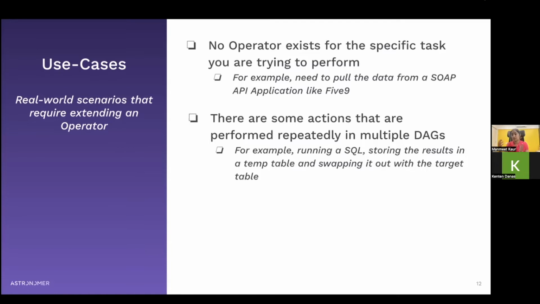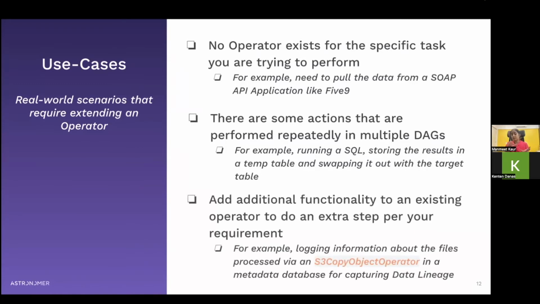Before that table gets used by the business. If I have 50 pipelines, I would have the same code appearing in 50 pipelines, and any change that I would have to do, I would have to do in each and every one. But what if I create an operator out of it, which will do all this functionality as part of one task, because that's the grain I'm looking for. Then I just have to define it once and use it many times, right?